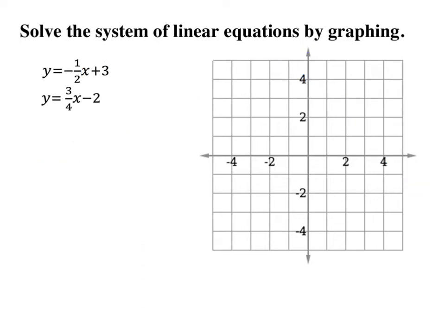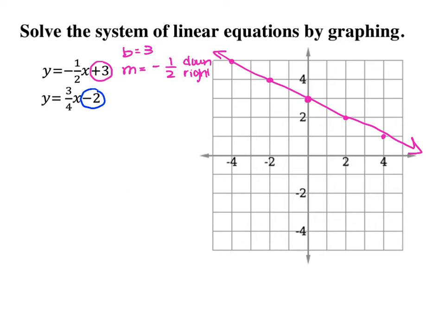If we graph these two equations, so first I start at 3. And my slope is -1/2. So I go down 1 and to the right 2. The second equation, if I start at -2, and then I go up 3 and right 4.